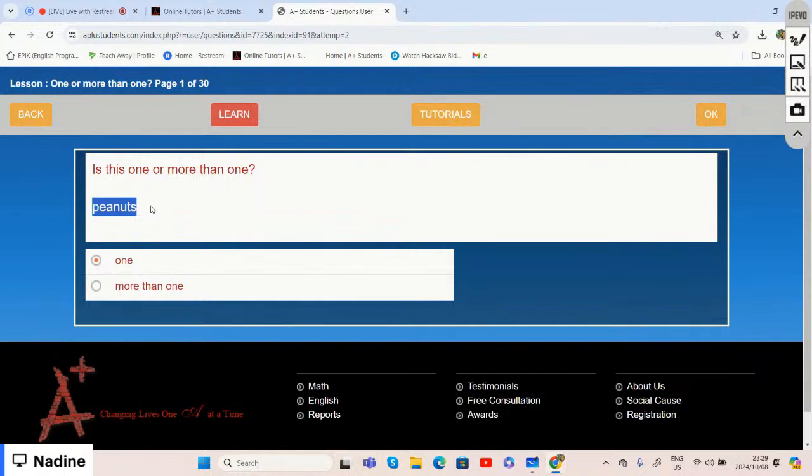Look at the word peanuts. Is it option one or option two? It has an S at the end of it. I have one peanut, but I have two or more peanuts. Look at the word peanuts. Is it one or more than one?